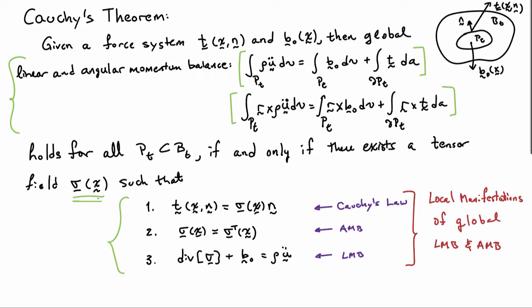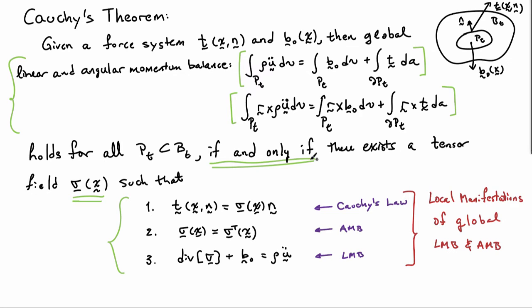And really what we have here are local manifestations of the global statements of linear and angular momentum balance. And it's important to note that the statement is if and only if. So global linear and angular momentum balance imply these three results, and these three results also imply global linear and angular momentum balance.